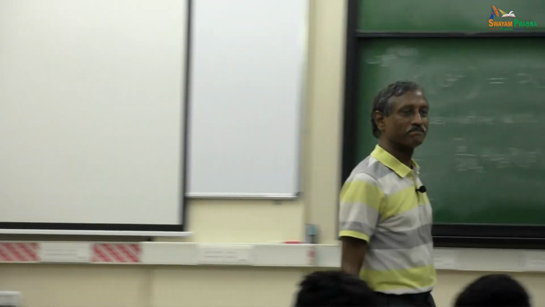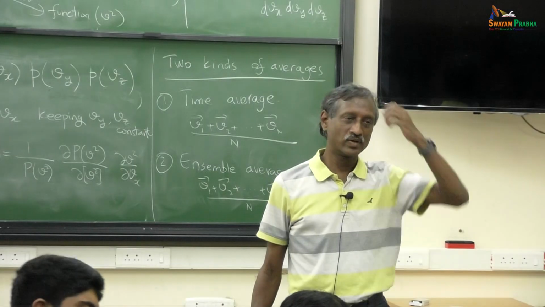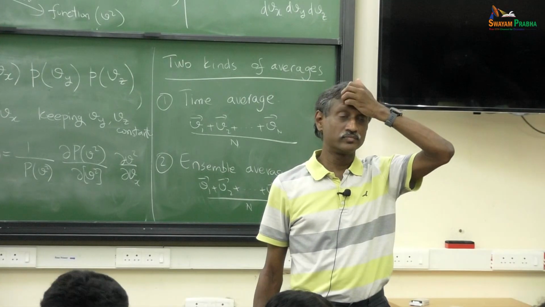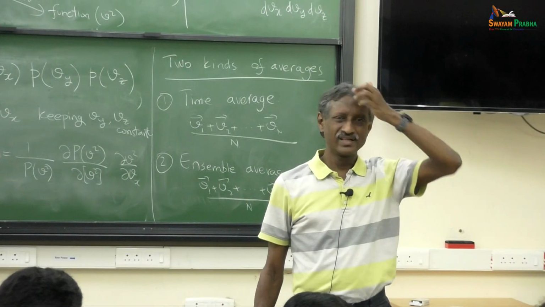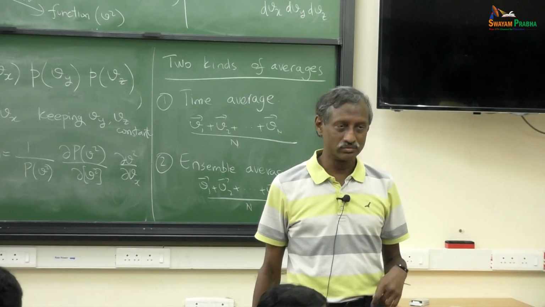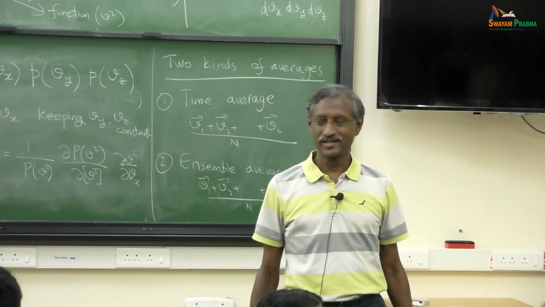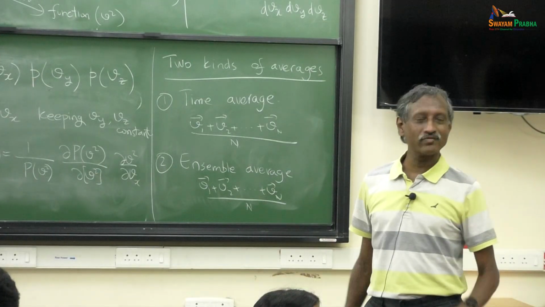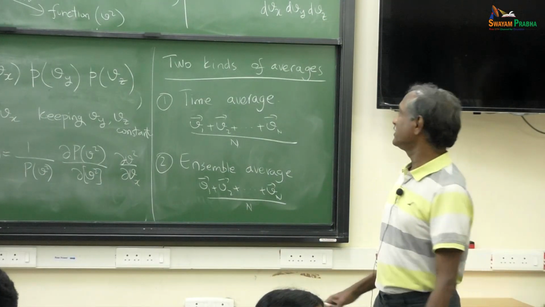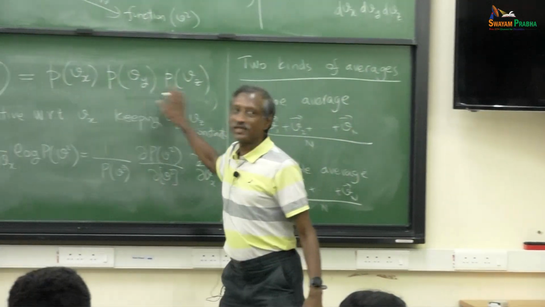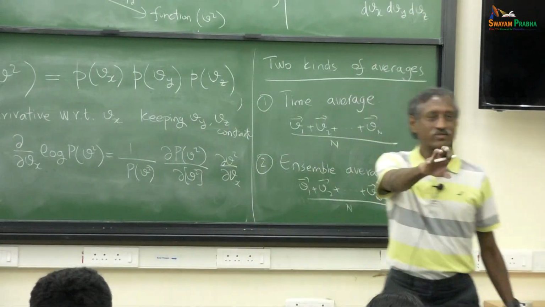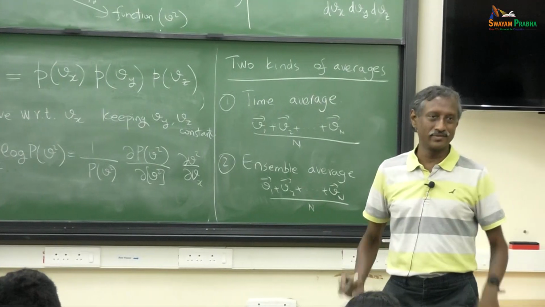Sir, I didn't really understand why we are taking the derivative and why we are taking log. Oh, that is just a trick. You don't have to. Yeah, it will make my life easier. One reason is that these guys will drop out. That's actually the main calculational reason.